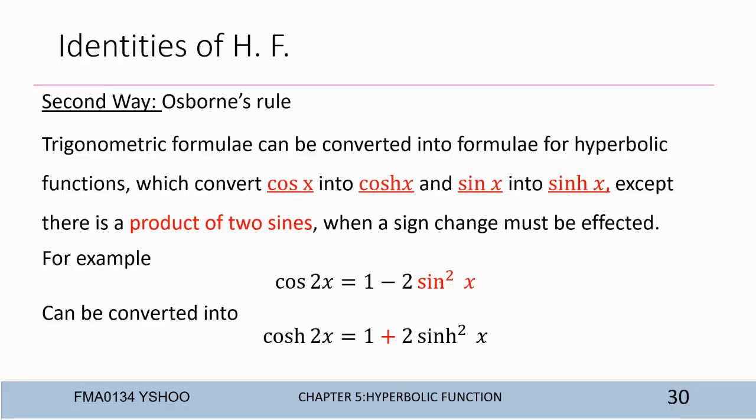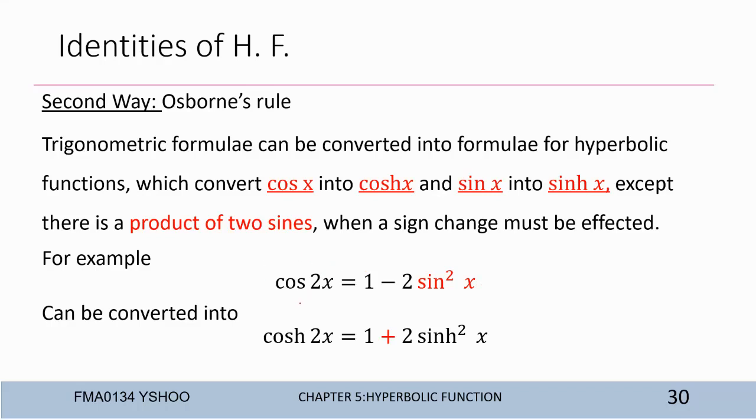For example, when you see sine squared, the normal formula we have from trigonometry is cos 2x equals 1 minus 2 sine squared x.